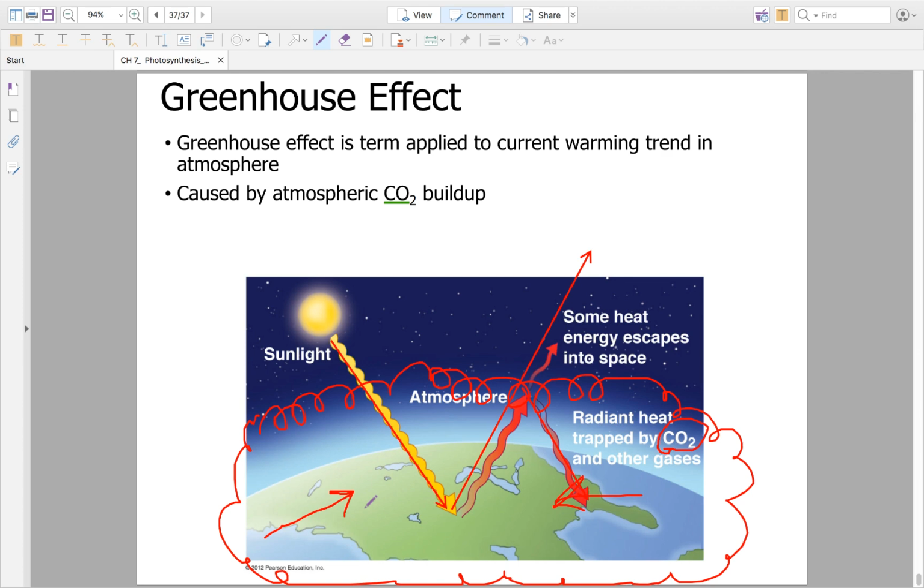Now, when we're cutting down masses of our forests, well, now we're in trouble. All right, so plants not only make oxygen and food for us, they suck that CO2 out of the atmosphere. And as we cut them down and cut down masses of our forests, we're endangering our planet.